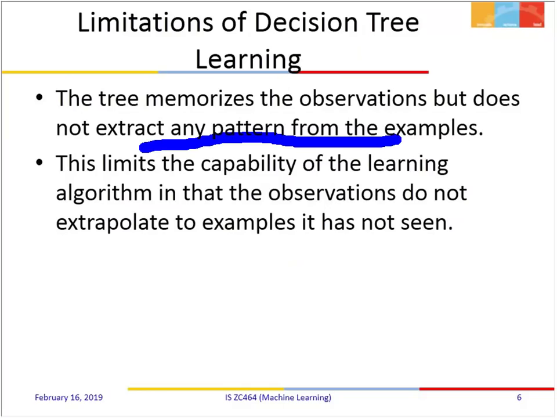So this is one very big limitation, that decision tree cannot handle unseen data, which is not the case with neural network based classifiers. It is not even the case with KNN classifier.